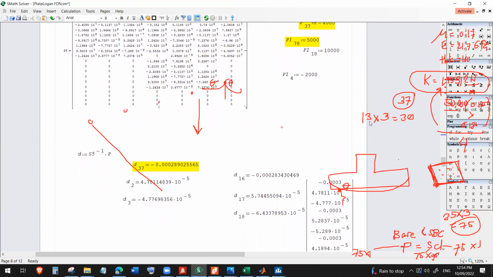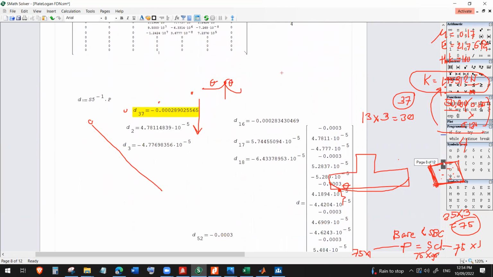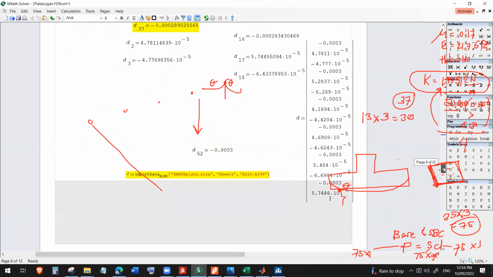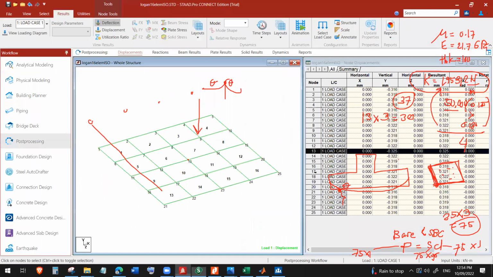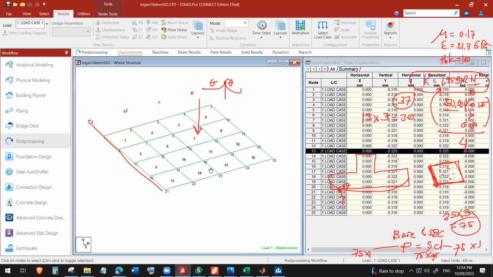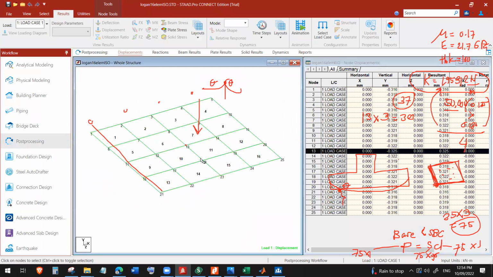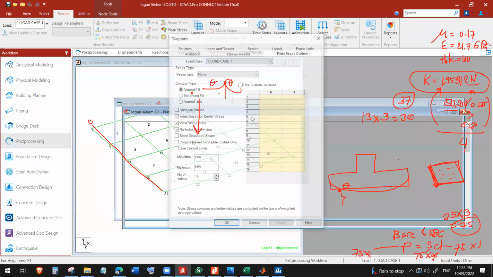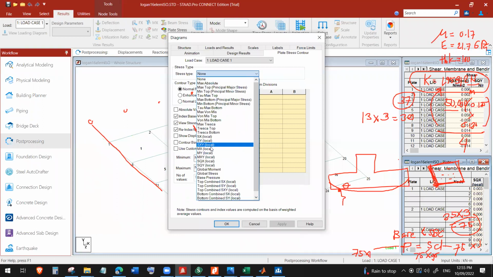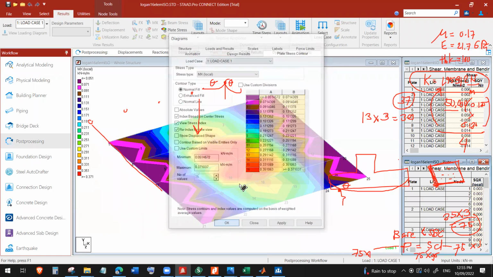Anyway, let's double check again the result. So assuming the displacements are quite the same, almost the same, let's find out the plate results. Plate results, say MX.